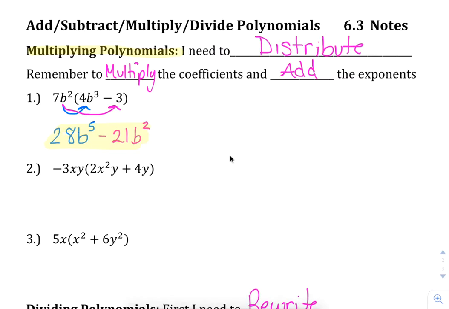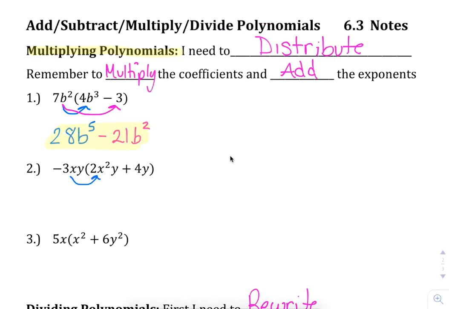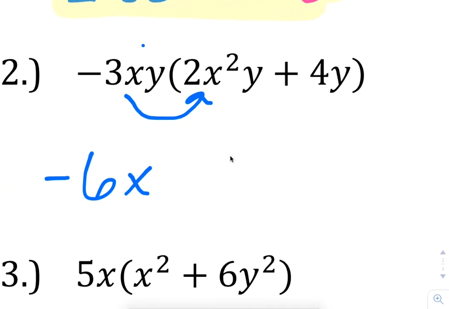Okay, let's try number 2. Number 2, I'm going to distribute to the first term. Multiply the numbers. Negative 3 times 2 is a negative 6. Add up your exponents. So how many total x's? Well, I have 1. Let me make that a 1, sorry. I have 1 on the outside. I have 2 on the inside, so that makes a total of 3. Then I have y's. There's 1 y on the outside, 1 y on the inside.